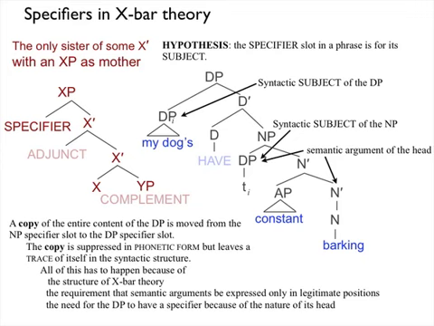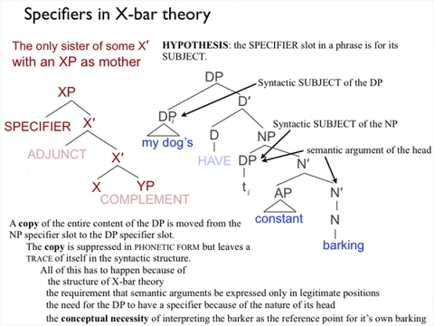And it also is partly a consequence of having this particular D in the structure. Because of its meaning, because of its general requirements, you're going to have the DP in that position on the surface.